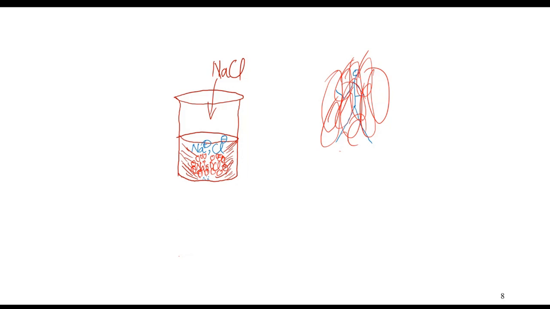So this process is known as hydration. The process in which water molecules surround an ion is known as hydration. The process in which an ion is surrounded by water molecules is known as hydration. So the definition is important.